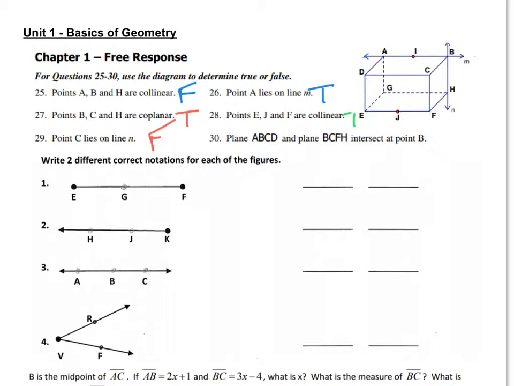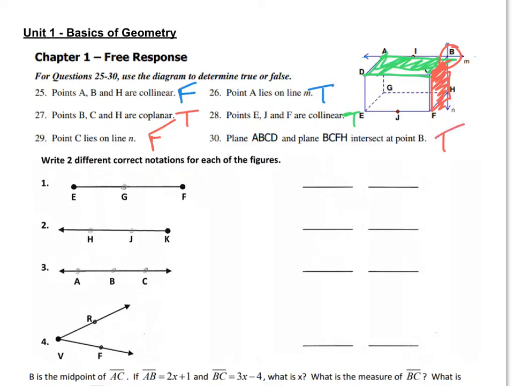And last, plane A, B, C, D. Okay, so you can kind of think of it as the top of your box there. And plane B, C, F, H, so the side of your box, intersect at point B. So do those intersect at point B?